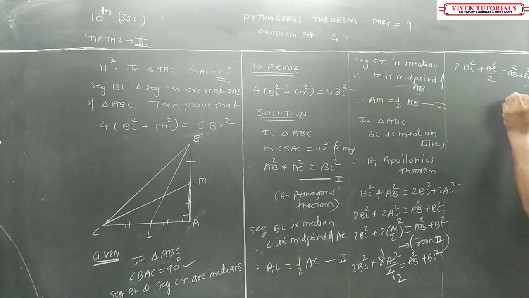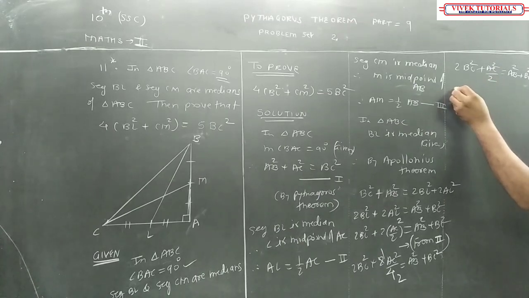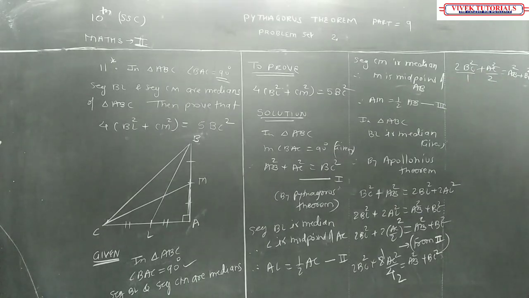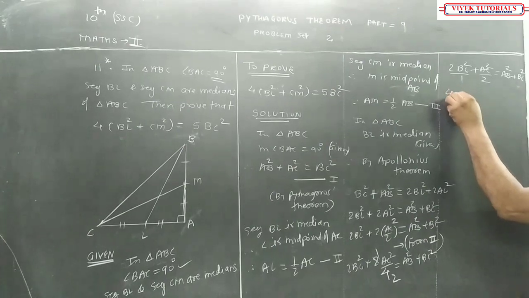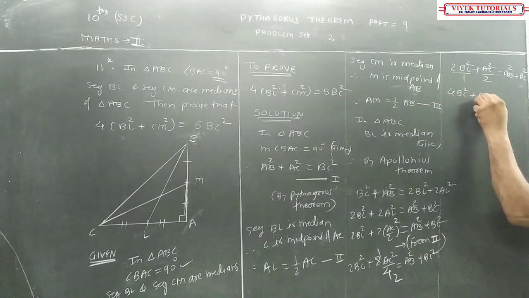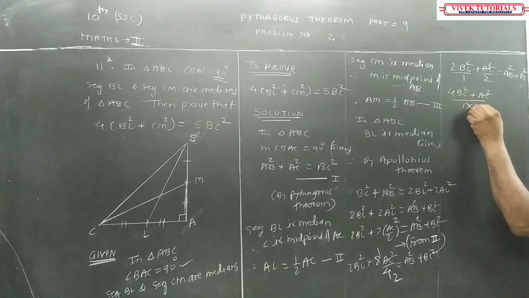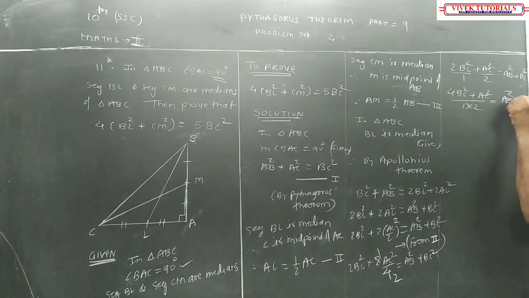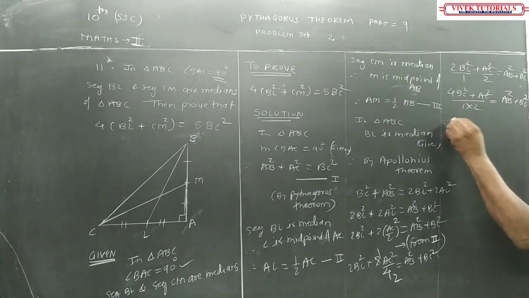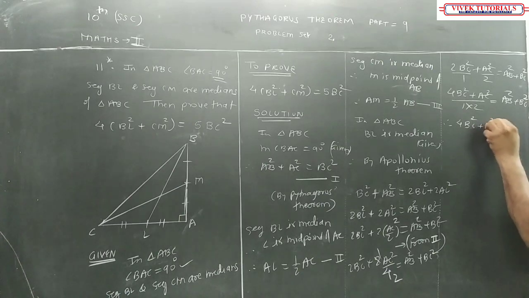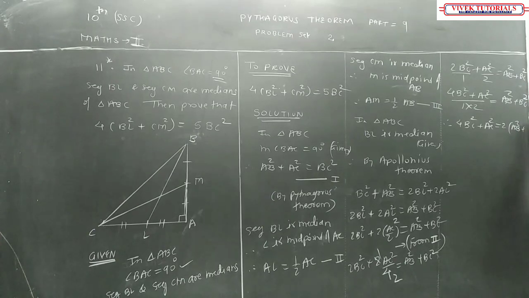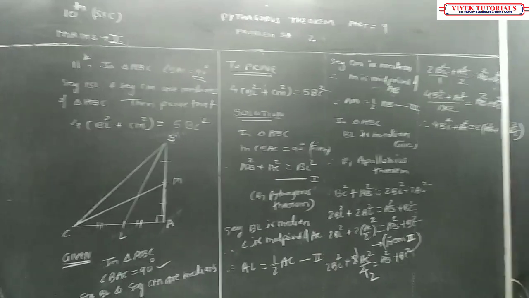Now we'll keep what you have to prove. Now we are going to take it as equation 1. So if I multiply, what I'll get? 4BL square plus AC square upon 1 into 2 is equal to AB square plus BC square. So at this moment, what I am getting? 4BL square plus AC square is equal to 2 in bracket AB square plus BC square.